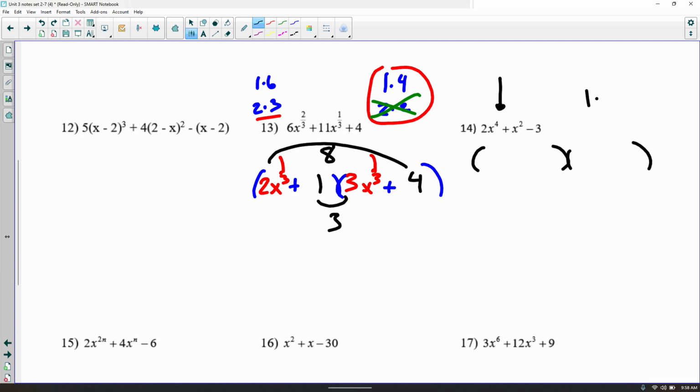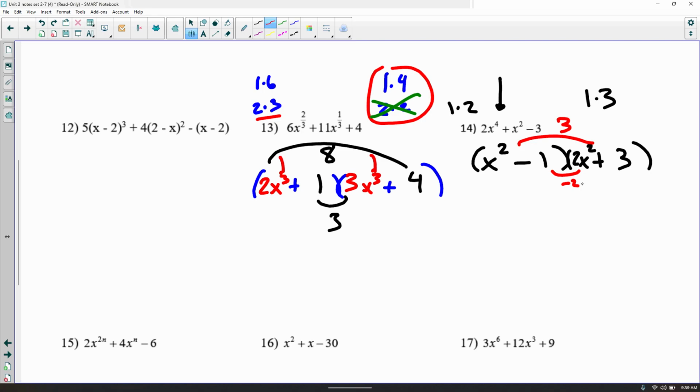You only got 1 and 3, and you have 1 and 2. So I'm going to put 1 and 3 down, a minus and a plus, and x squared and 2x squared in place. I'm going to check my work. 3 and minus 2 would give me 1, and so it works.